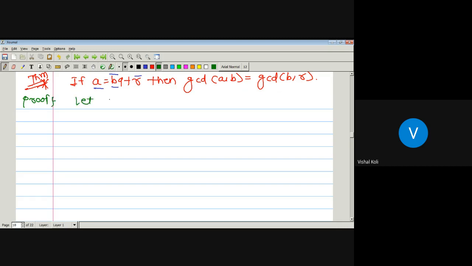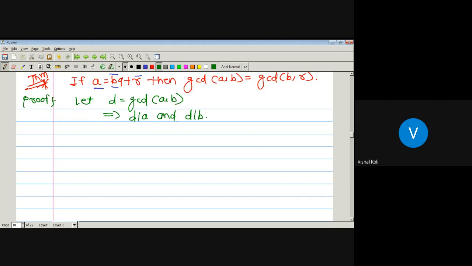Proof. Let D be the GCD of two integers A and B. As D is the GCD, D divides A and D divides B, just by the definition of greatest common divisor.